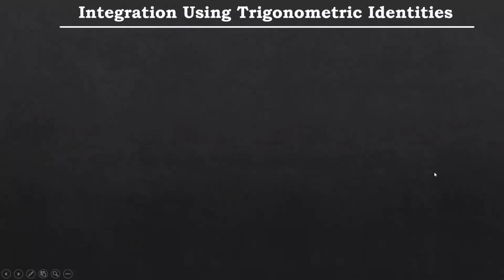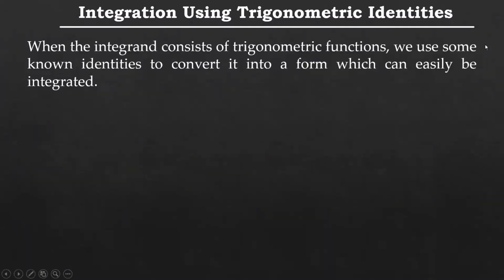Now comes our next part, trigonometric identities. We already used that, how we can use the trigonometric identities to make the form simpler for the integration. So here there is a gentle note, which says that whenever the integrand consists of a trigonometric function, we use some known identities to convert it into an easy form so that we can easily integrate it.